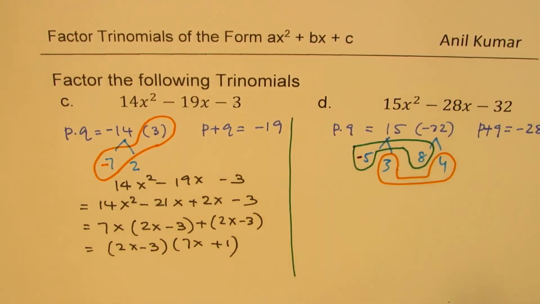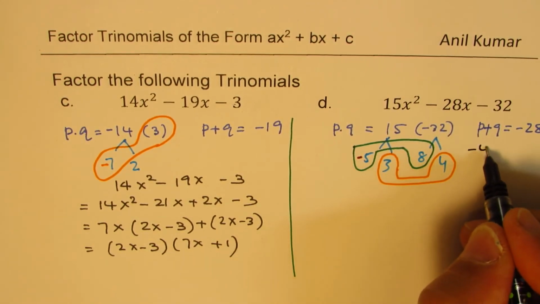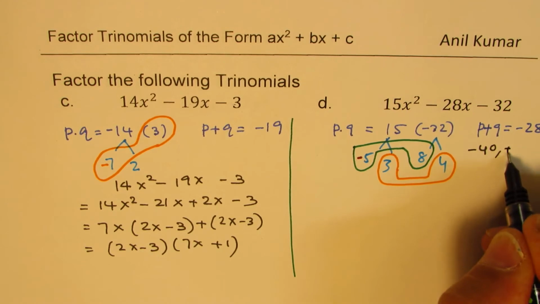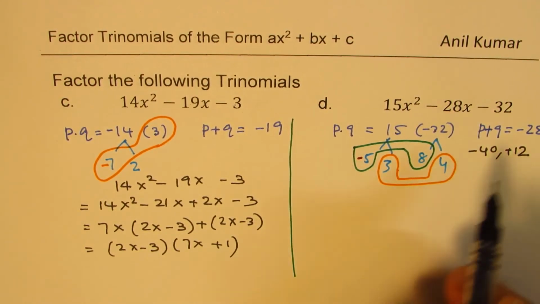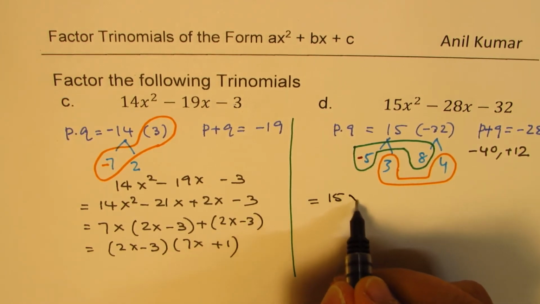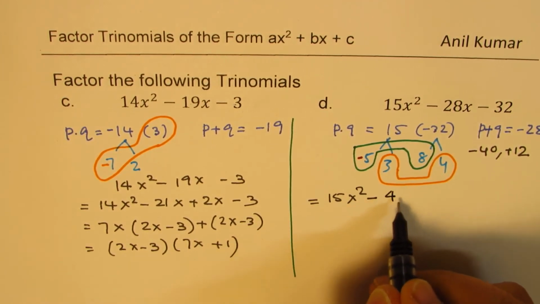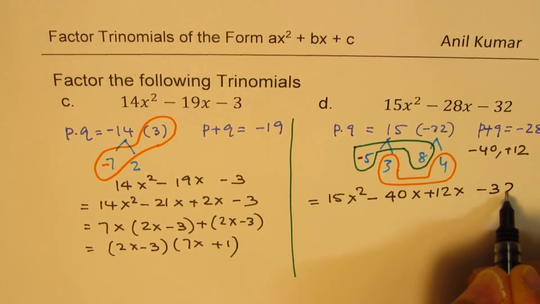Is it okay? Does it make sense? So we have the combination as negative 40 and positive 12. So we'll split minus 28 with these two numbers. Perfect. So I could write this as 15x squared minus 40x plus 12x minus 32.